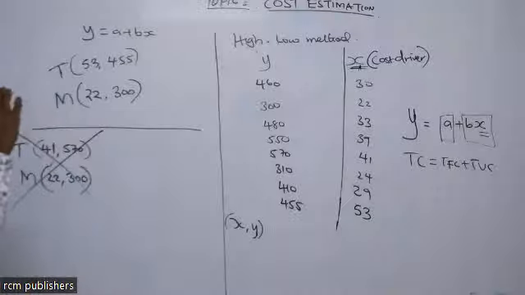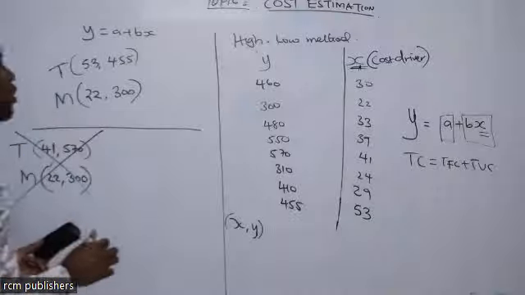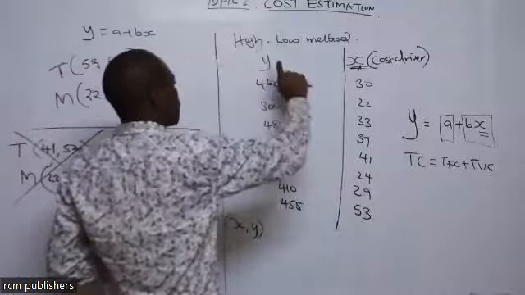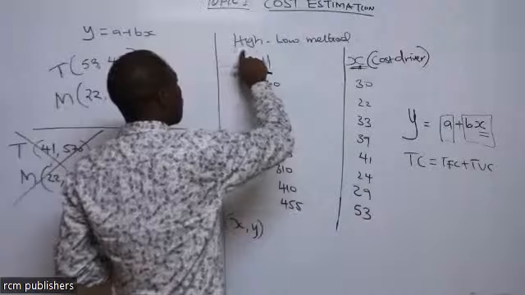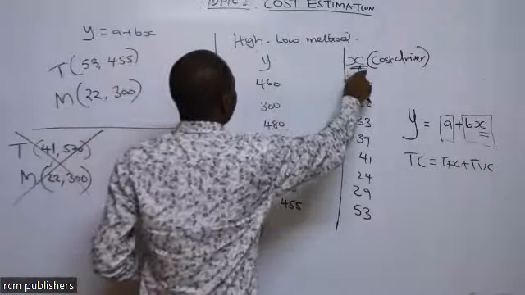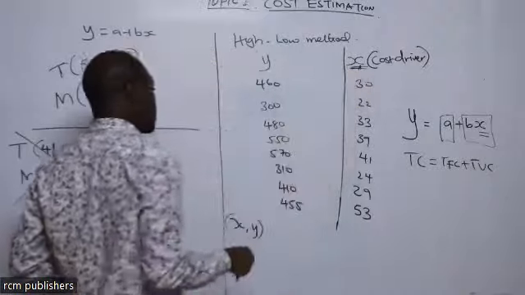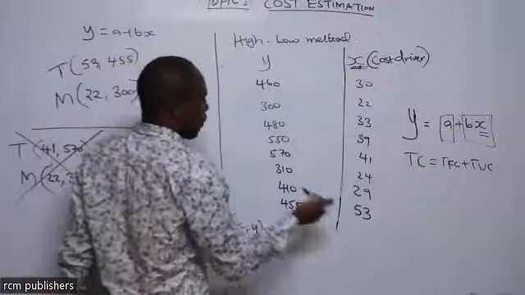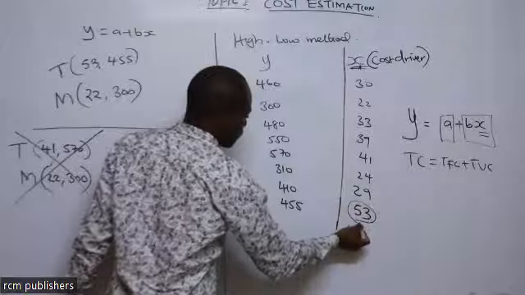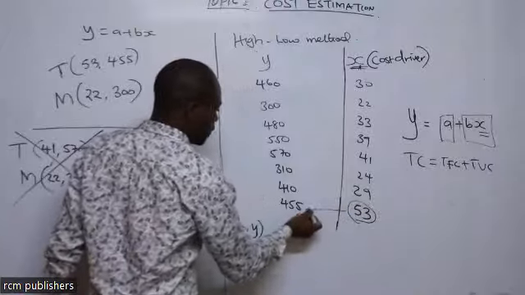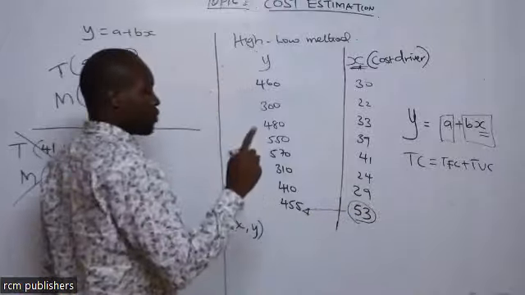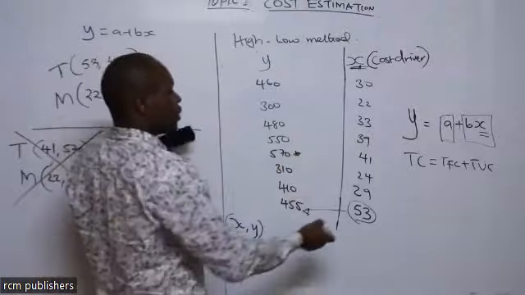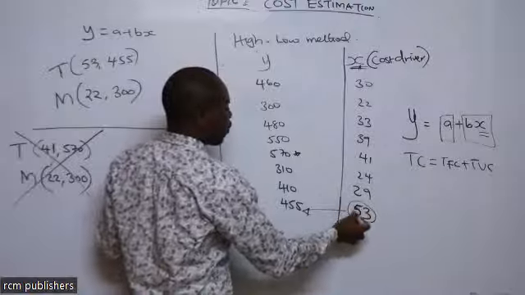So you have to identify them first of all, to do away with the names of the titles, which we've done. From there, if you're going to apply the high-low method, then we move to this side of x and look for the highest value and the lowest value. Even if our highest value of x does not correspond to the highest value in column y, we still just consider the highest value of x.